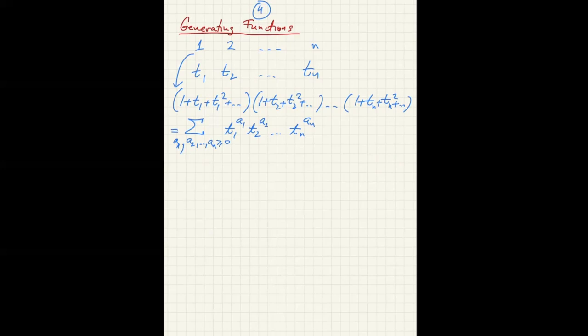But now let's see what happens if we set all these variables T1, ..., Tn equal to T. Then what am I going to have at the beginning? I'm just going to have 1 plus t squared, this kind of geometric formal power series, multiplied by itself n times.